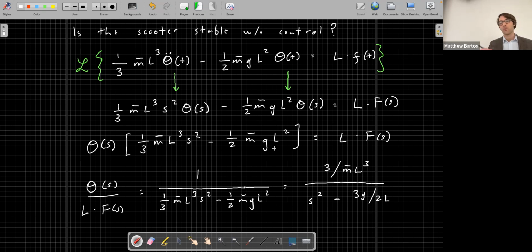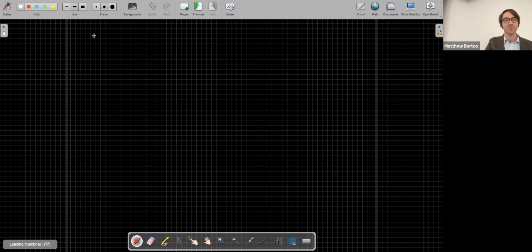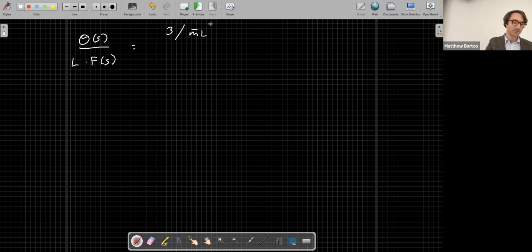What are the poles of this system? Right, exactly. So I'm going to write this out again. We have theta of s over L times F of s is equal to 3 over m bar L cubed divided by s squared minus 3g over 2L.